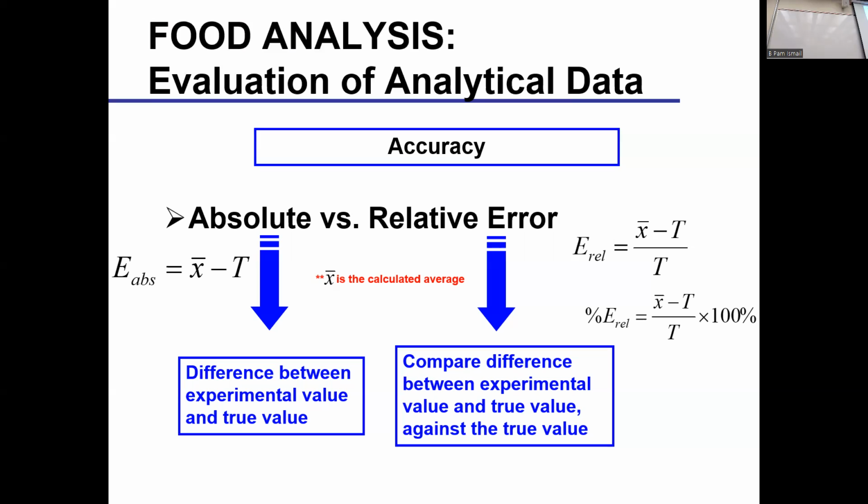Anything less than 10% you consider good, less than 5% we consider excellent accuracy. Above 25% of relative error, terrible accuracy.